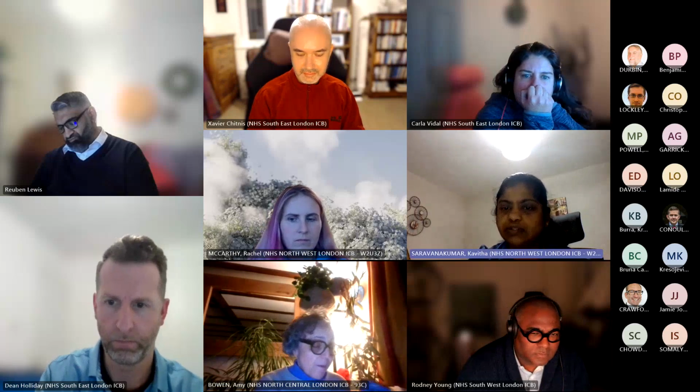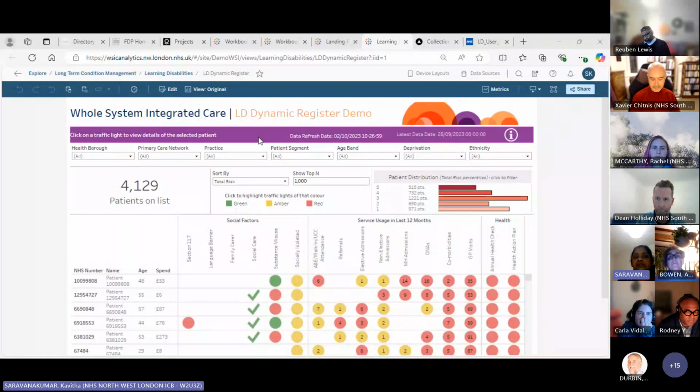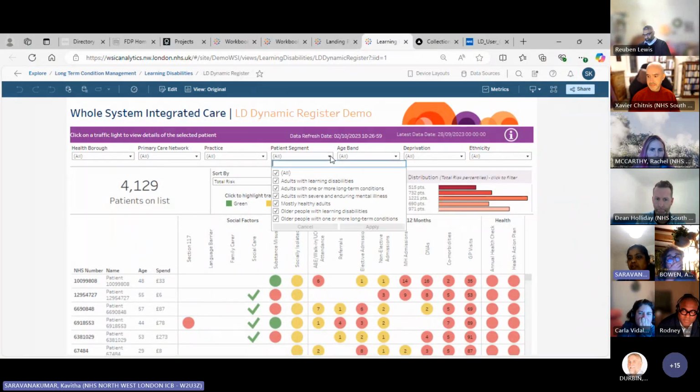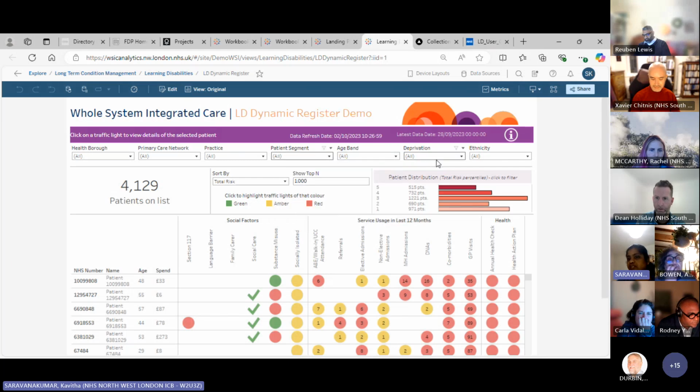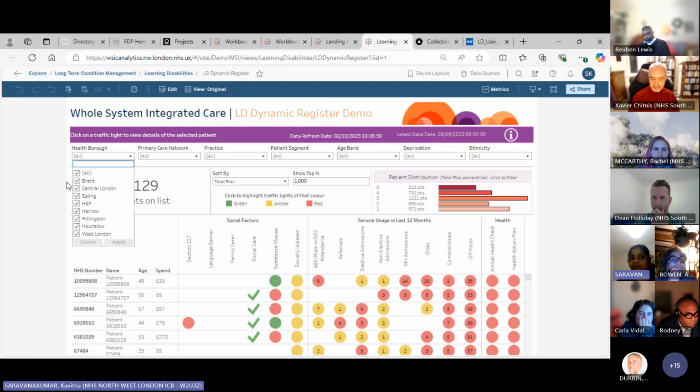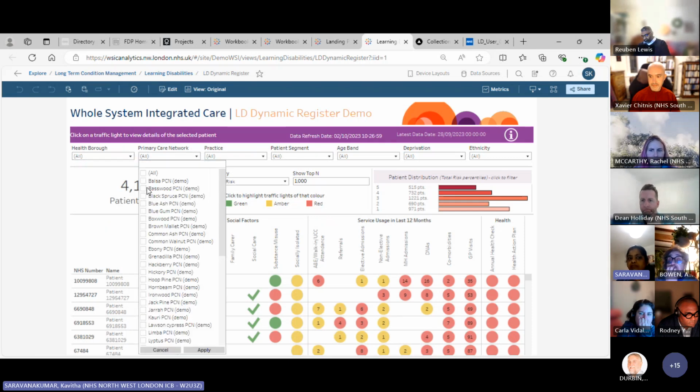I don't know whether Rachel shared, but if you look at the top, you have the ability to filter for patient segments, age or deprivation or ethnicity. So to your point, in a real world setting, you would pick one of your boroughs or PCNs that you're interested in because you're having a multidisciplinary team meeting within that PCN focused on learning disabilities.